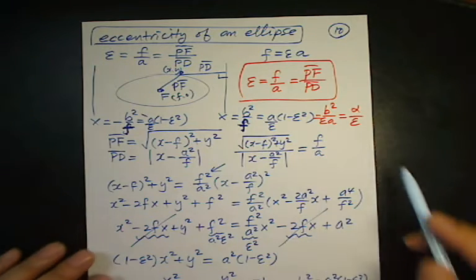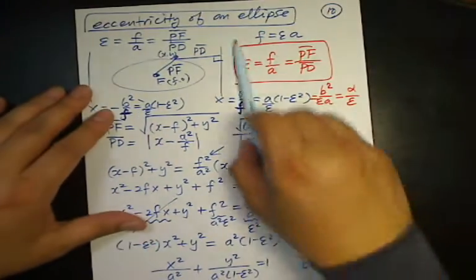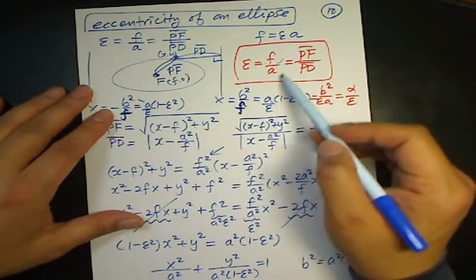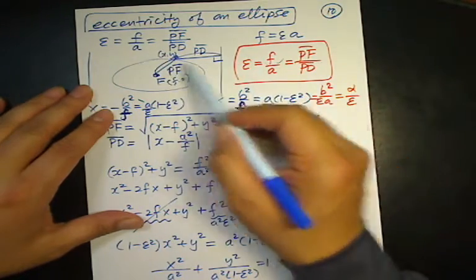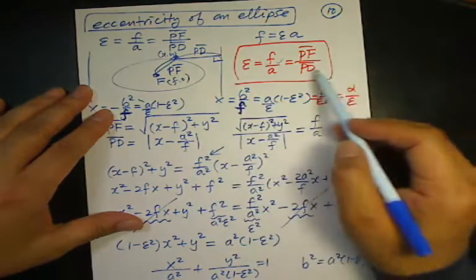Everything is right. Therefore, using this relation, the ratio F to A is epsilon, and that is PF divided by PD.